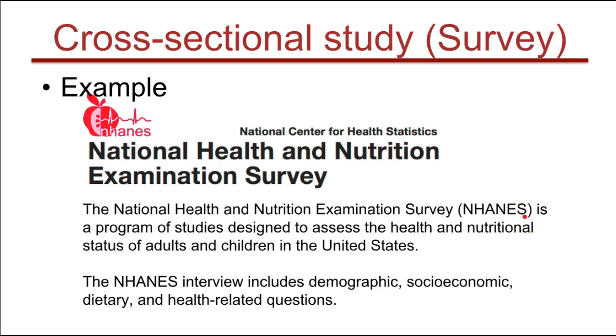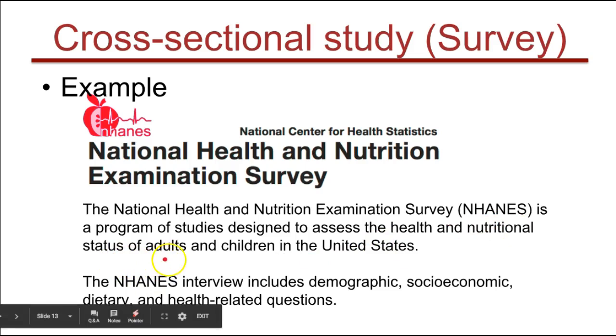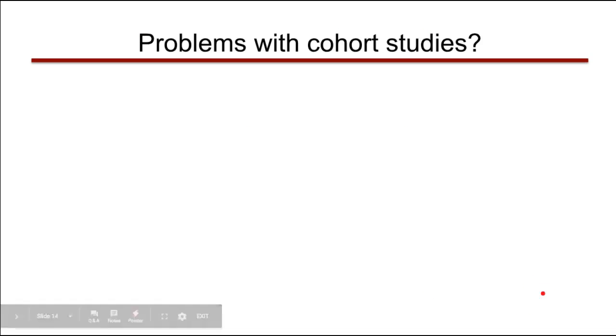It's conducted every year in the United States and assesses the health status of adults and children. The NHANES interview includes information about demographics, socioeconomic status, dietary and other health-related questions. So what are the problems with these cohort and cross-sectional survey studies?